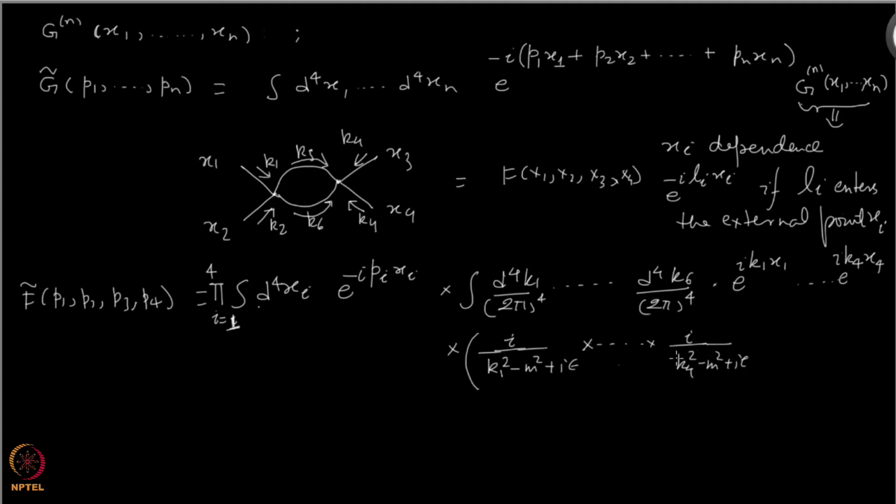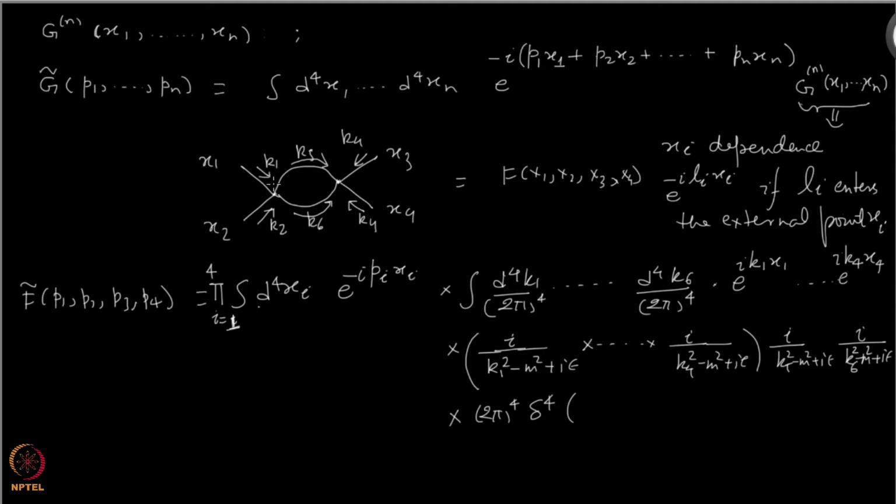So that's 1, and the remaining 2 are i over k5² minus m² plus iε and i over k6² minus m² plus iε. So I have taken care of all the propagators, and then we remember that we had delta functions (2π)^4 times the delta functions at each vertex. And you have to see that the momentum conservation holds there.